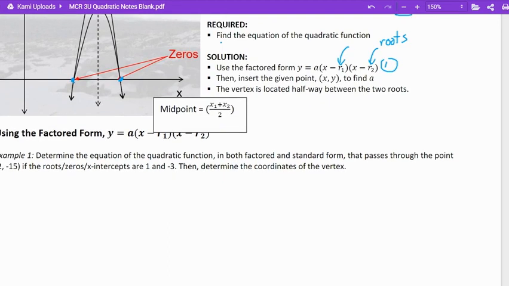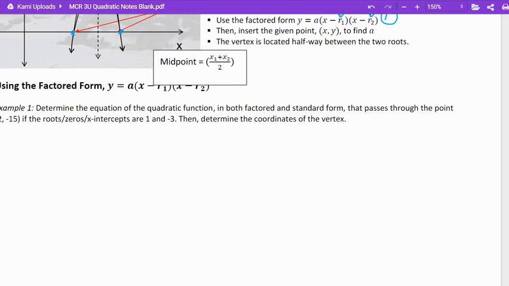All right, so let's start first off using the factored form. Okay, let's read the question. Determine the equation of the quadratic function in both factored and standard form that passes through the point if the roots, zeros, x-intercepts are this, and determine the coordinates of the vertex.